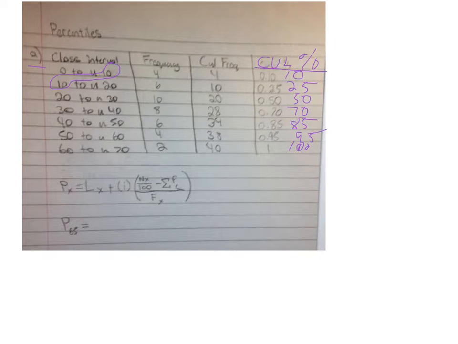So this first category can go from 0 to 9.999999999, you know what I mean. But it can't hit 10, so it's going to go to just under 10. And then the next category is going to start at 10 and go to just under 20, okay? So you won't actually include 20 in that interval.